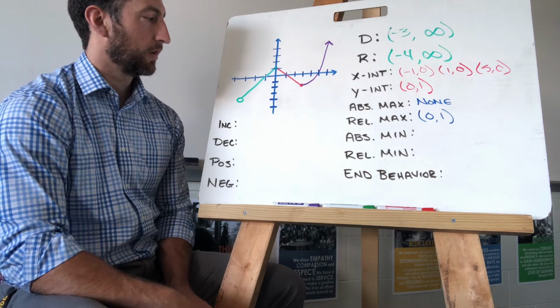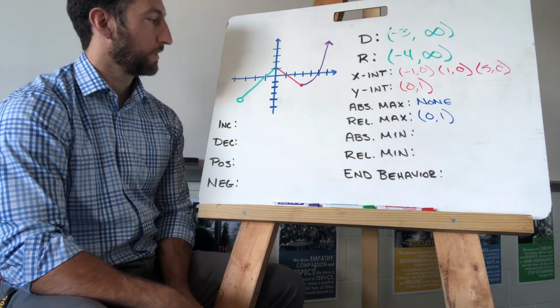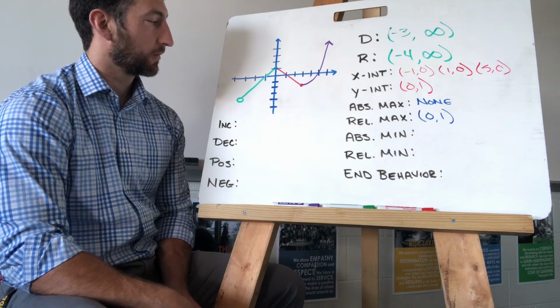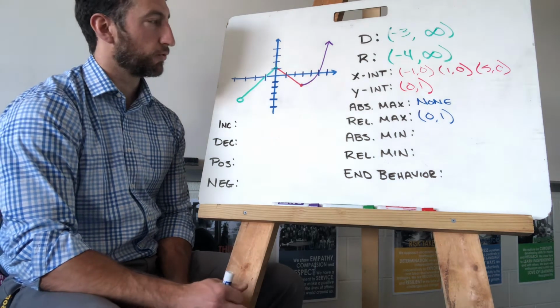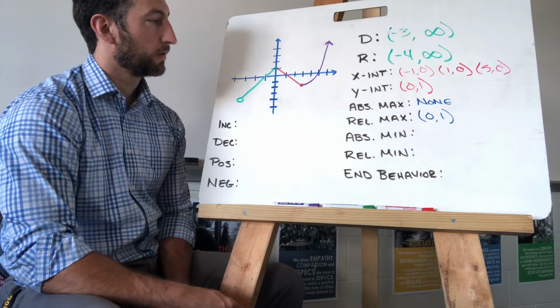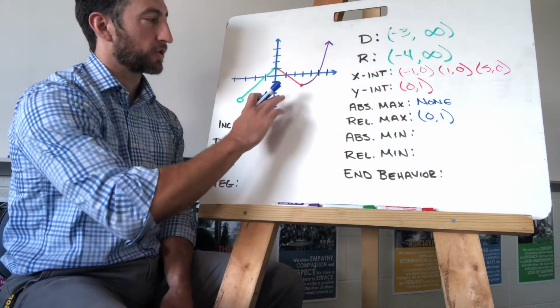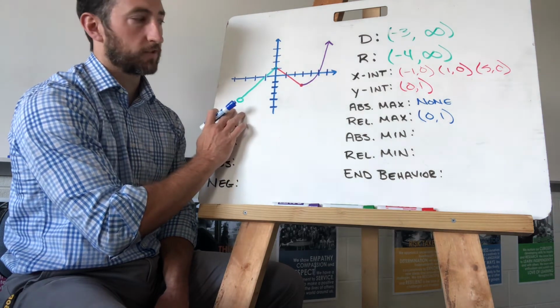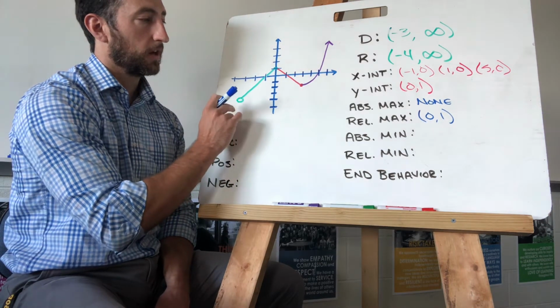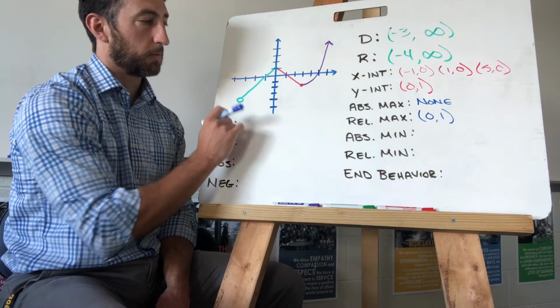Trying to think of how to deal with this. Let's just talk about this relative minimum over here. I'm not going to worry about this. I'm not going to do this to you on a test or a quiz. So let's ignore that absolute minimum over here.